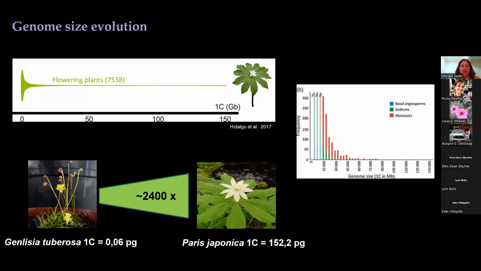And at the other extreme, we have plants with giant genomes, such as Paris japonica, with 152 picograms of DNA. Despite this great difference in genome size, most plants have small to medium sized genomes.